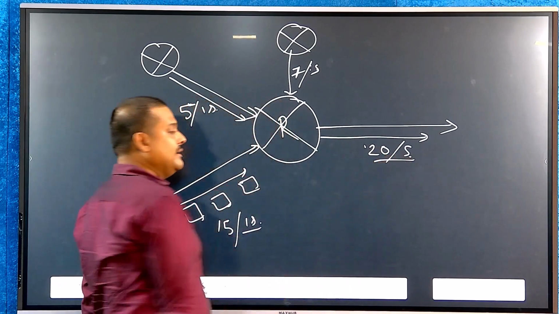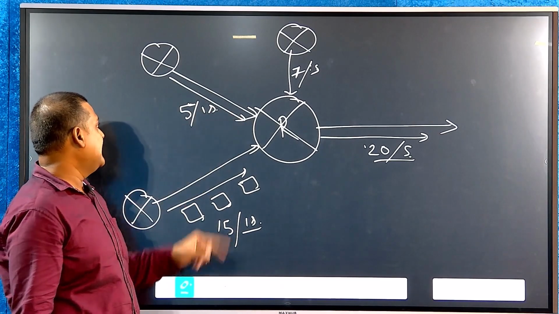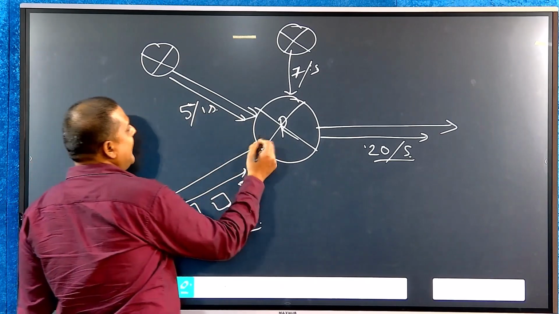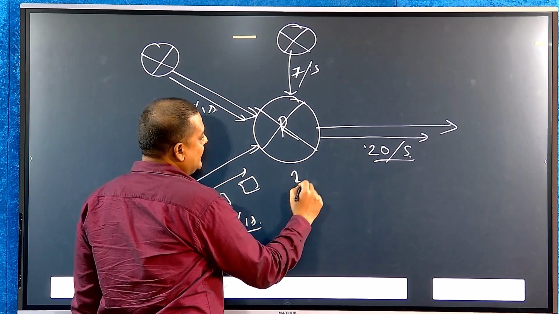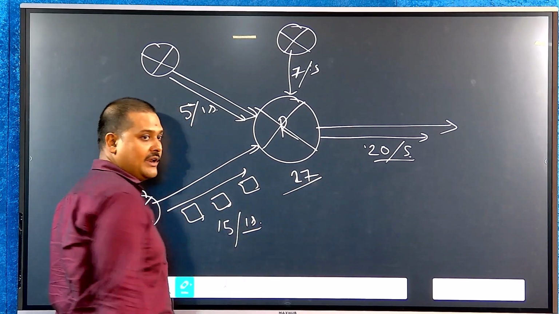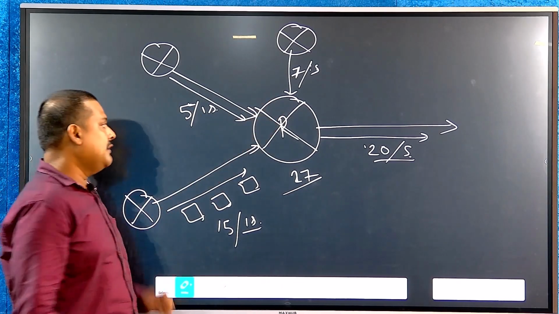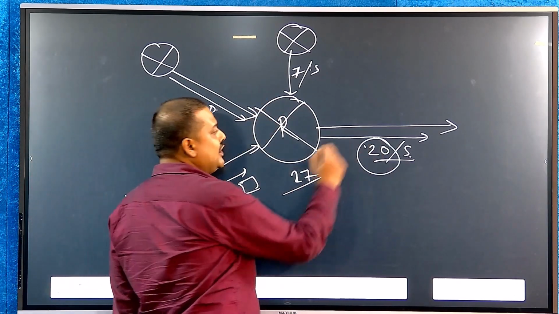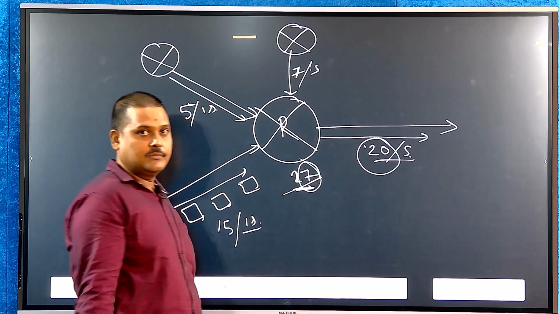So for every second, this router is receiving 27 packets, but it can send only 20. So what do we do with the 7 extra packets? That is the issue.